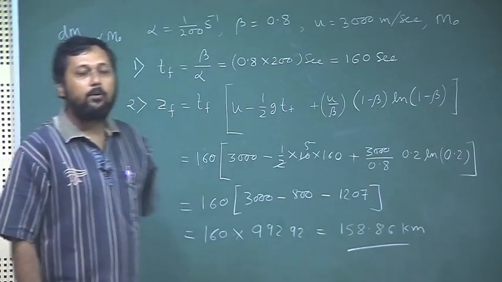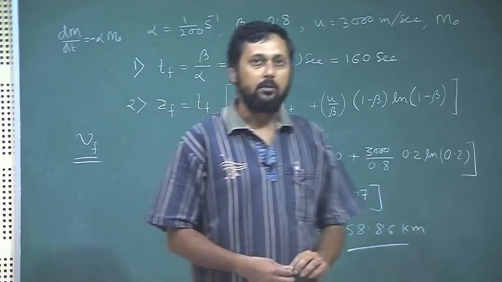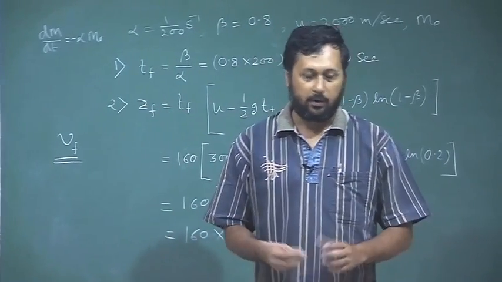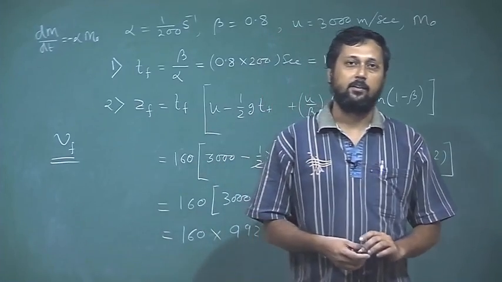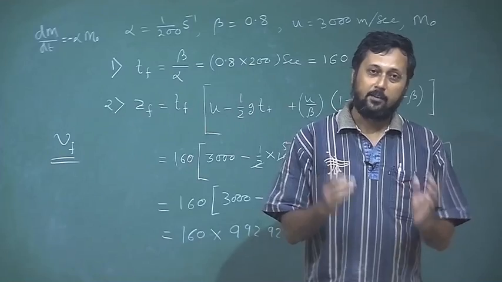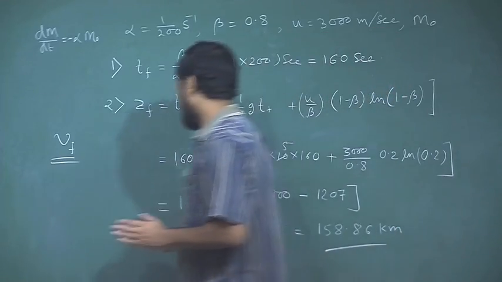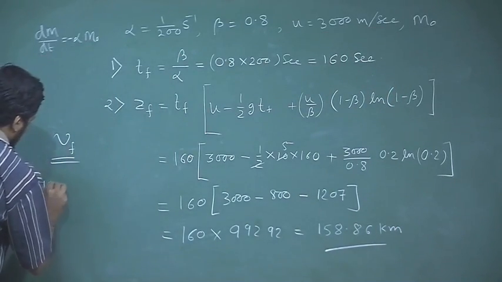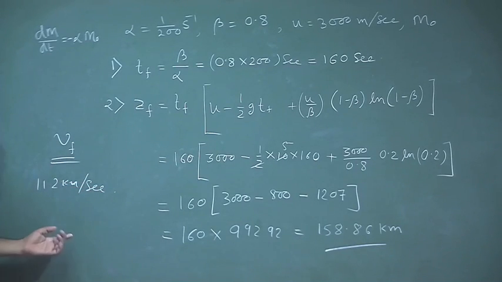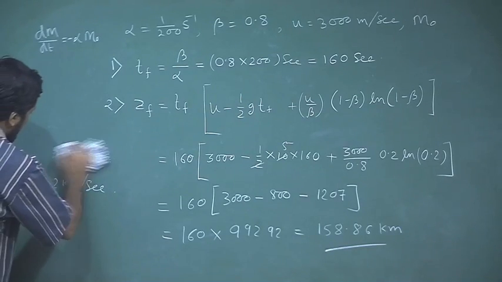But I would like to add something before we conclude this section, that probably you will get some problems in your assignment, which will show you clearly that escape velocity, which is 11.2 kilometers per second on Earth's surface, do not confuse it with Vf.